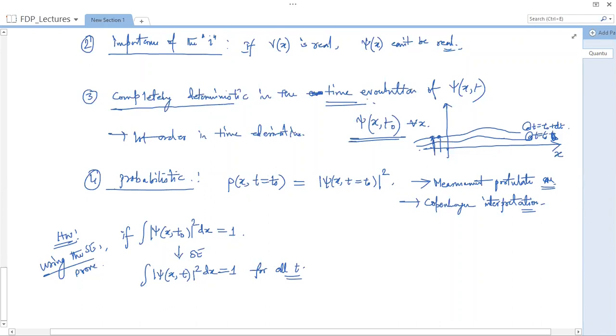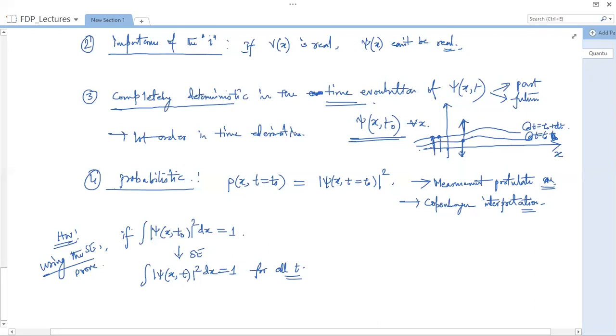So it's deterministic in time evolution of x t, both in past and in future. Because if we know the wave function now, we also know the wave function before some time, and also after some time. So it's completely deterministic in past and future.